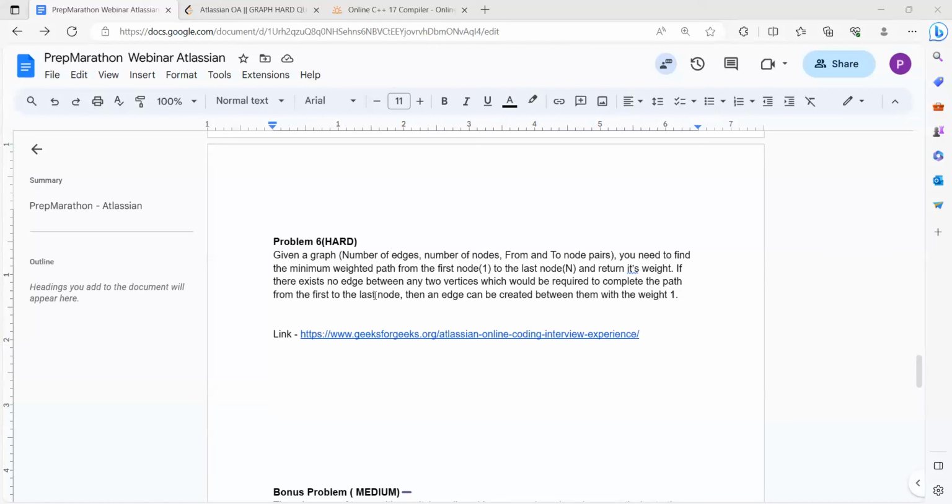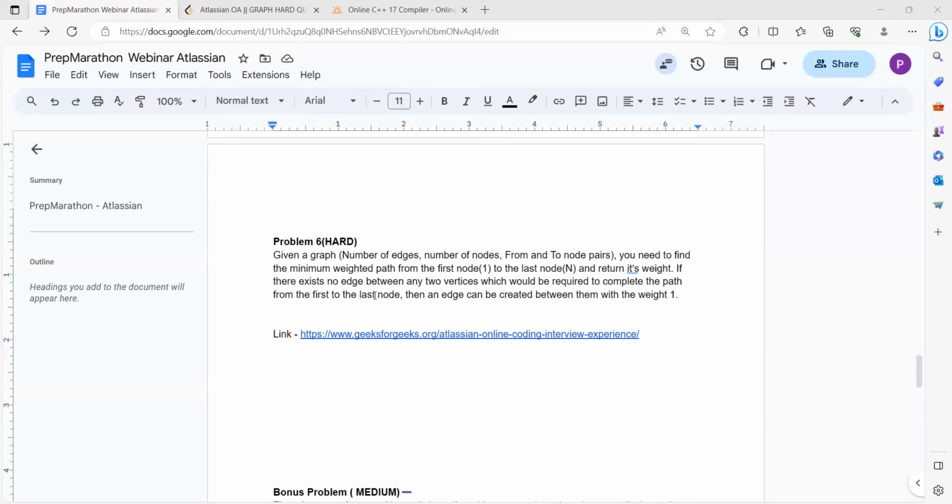You need to find the minimum weighted path from node 1 to the last node and return its weight. If there exists no edge between any two vertices which would be required to complete the path from the first to the last node, then add an edge of weight 1.